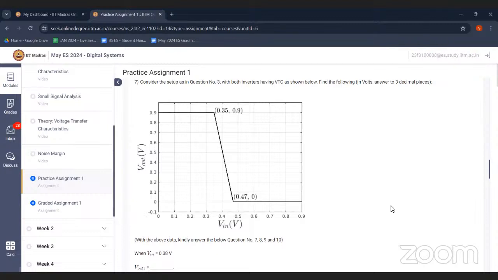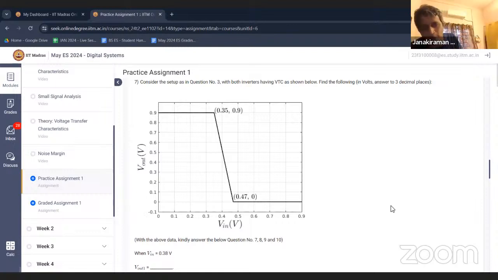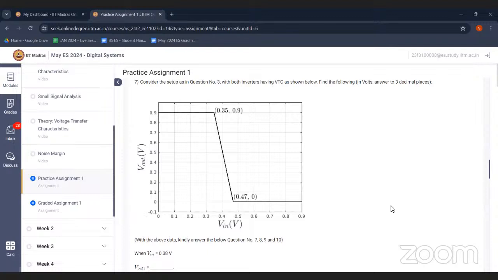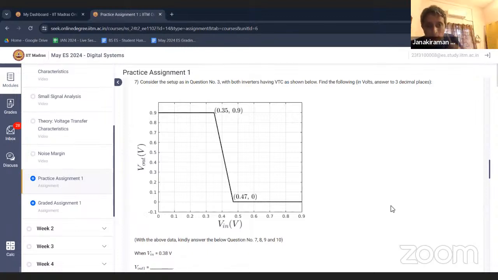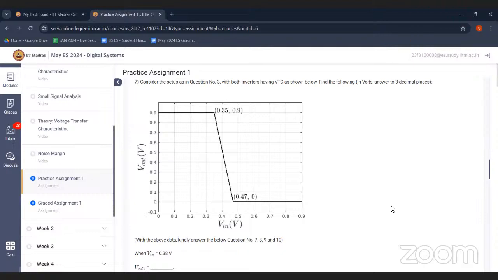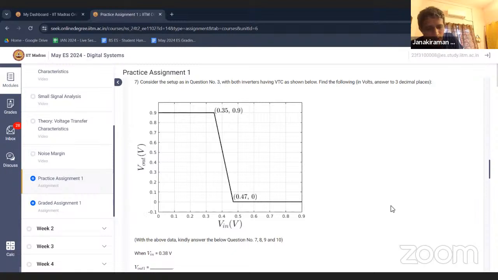Yes. Minus 7.5. Now, when I cascade two amplifiers, what will happen? The gain will multiply, right? That means 7.5 will become 7.5 squared, correct? That means the gain will become approximately minus 49 or plus 49.